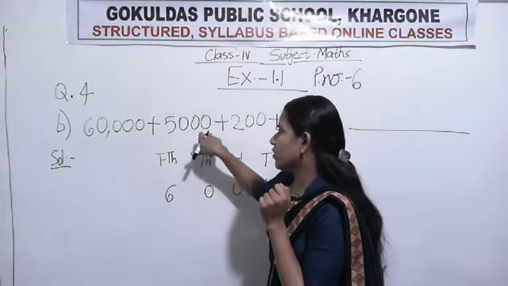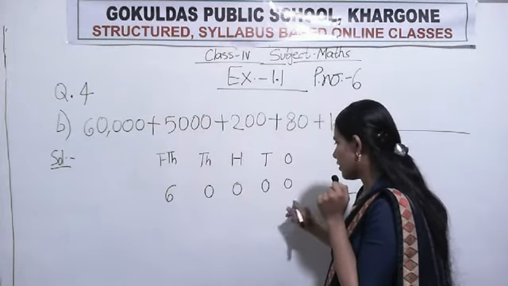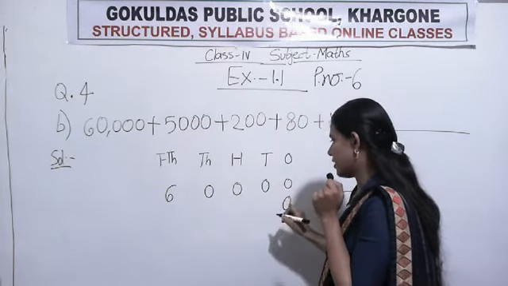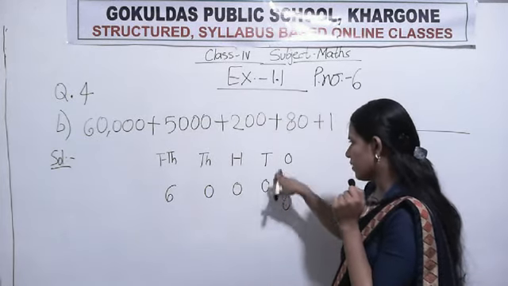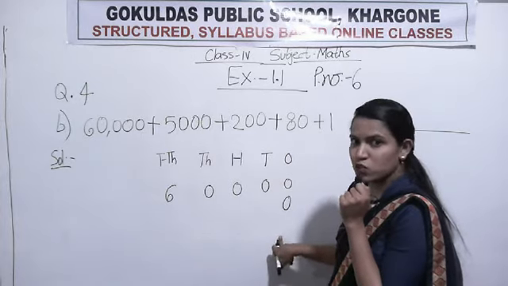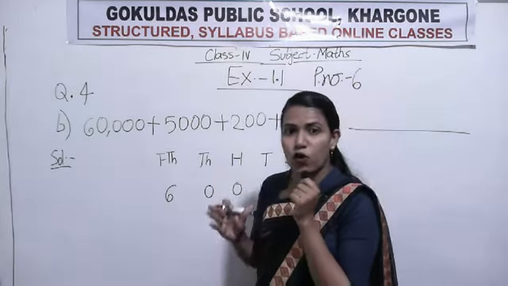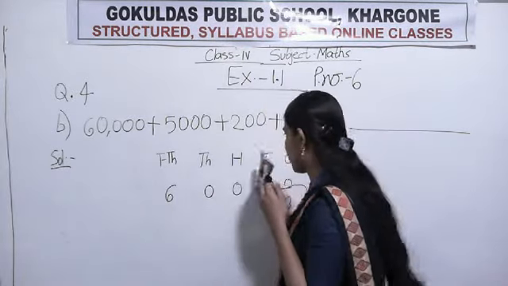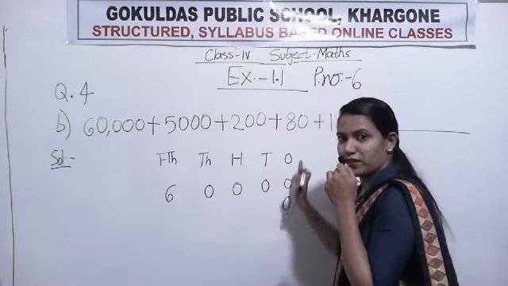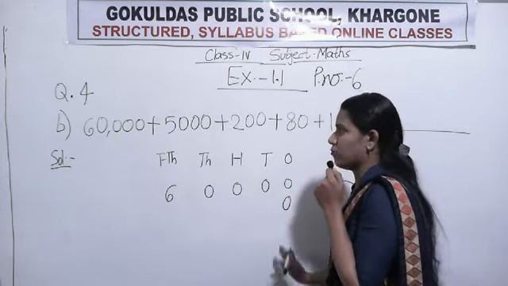Put 0 at the ones place. I am writing in a column, so you also have to write all the digits column-wise.